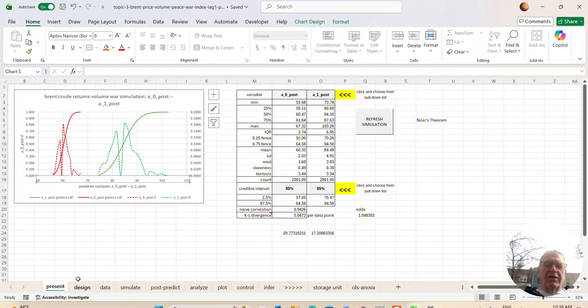We got 57 and 64 here. So we're getting similar, but not the same confidence intervals with the other analysis. Okay.